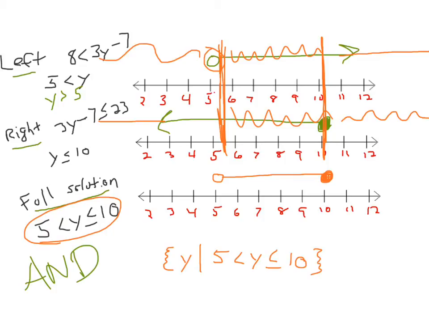Okay? So again, this was an AND, which means that I want only the solutions that are included in the top number line and also show up in the middle number line.